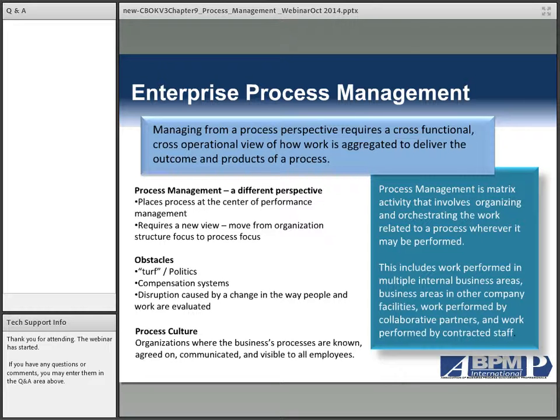And the business unit, from a process perspective, becomes subordinate to the considerations, the concerns, and the requirements of the process itself. Now, in doing that, you have somewhat of a conflict, and that's where the statesman aspect of this comes in.